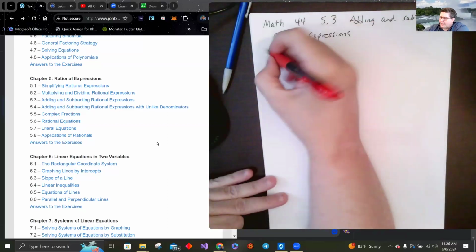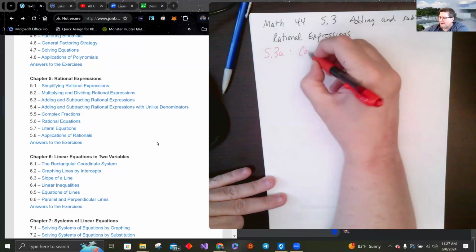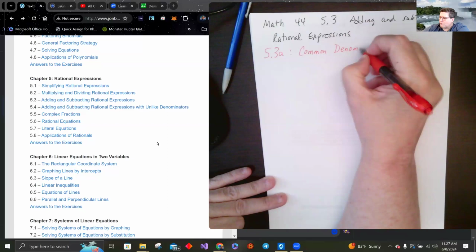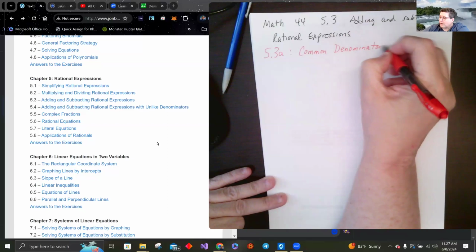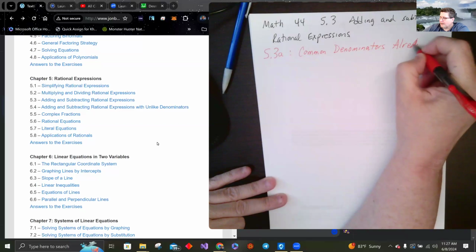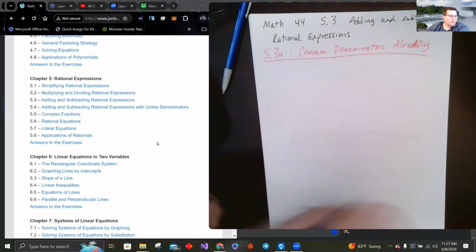In part A, we will do where they have a common denominator. And in part B, we will do where they do not. They have a common denominator already. So that's what we're going to start with first.